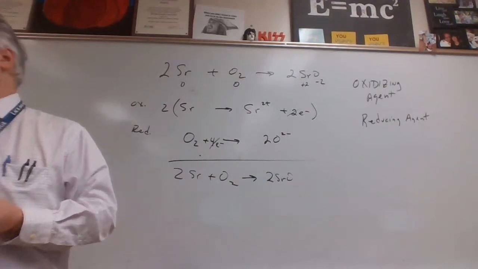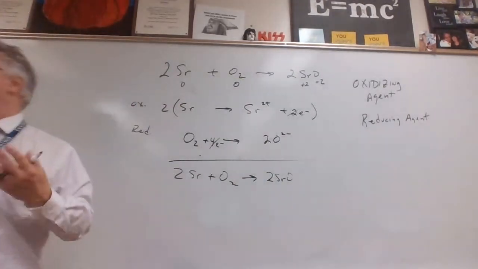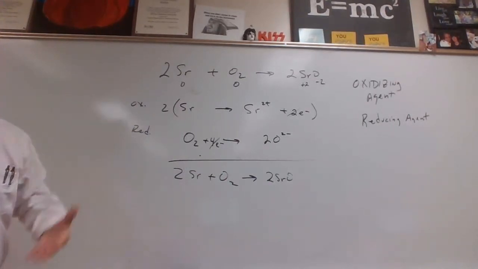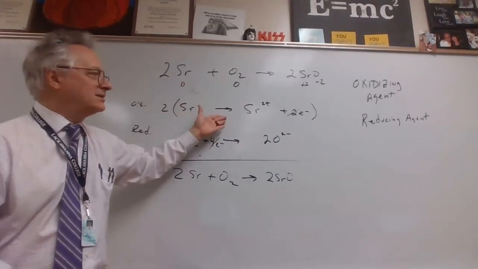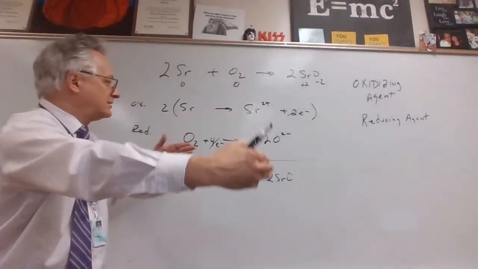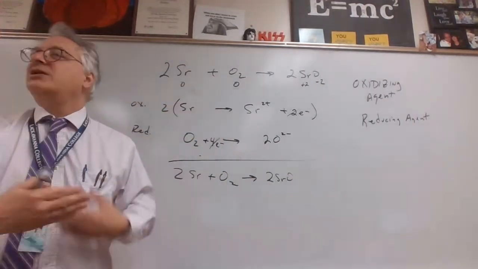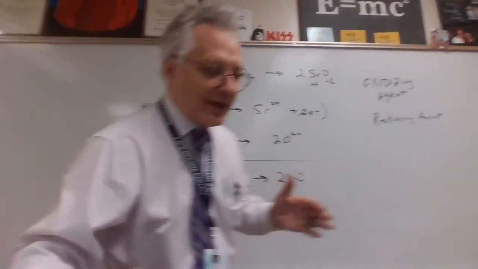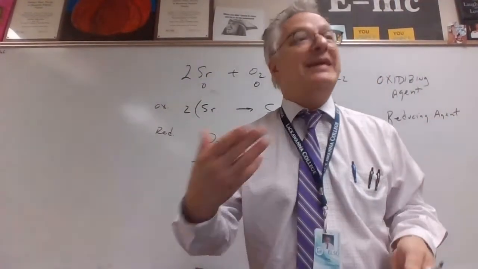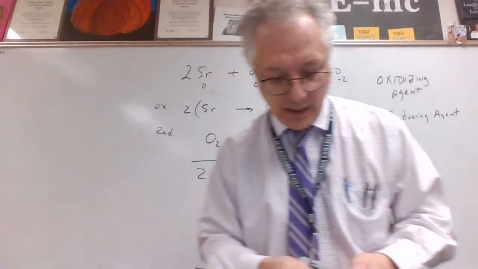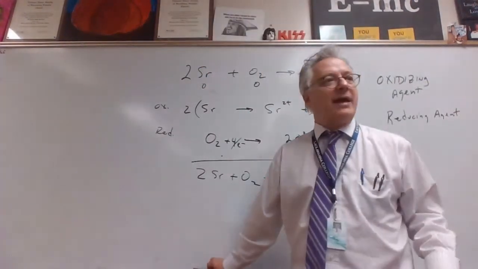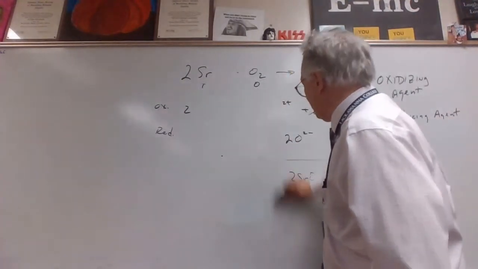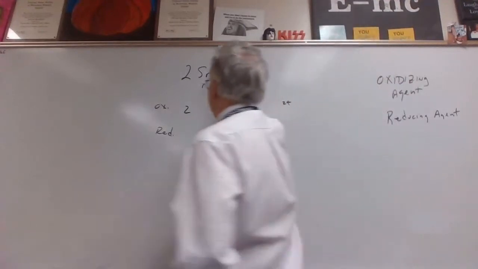It's exactly opposite. So if I said to you, name the reducing agent, well, the thing that's being oxidized is the thing that's giving its electrons to the other species, causing the reduction. So we call that the reducing agent. And believe me, even after 1,000 years of doing this, I still might misspeak sometimes and say the wrong thing. So let's take a look at another example or two and see if we can wrap our minds around this.